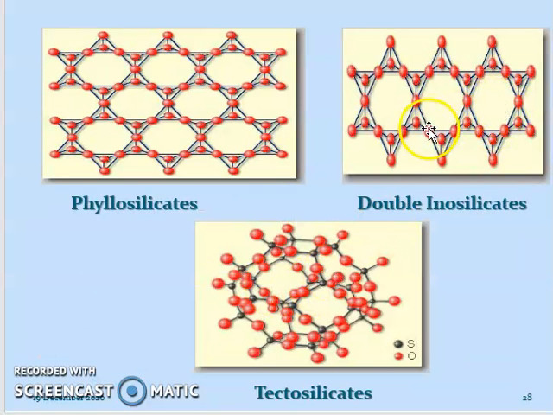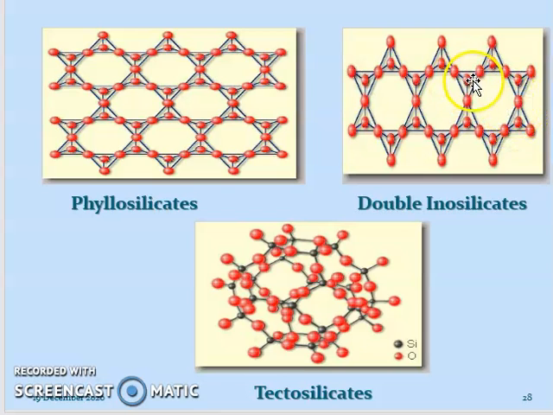For this type, you will find a double chain, double inosilicate. Here is a single. If you look at the above silicate, you will observe that you get a single chain, but there is another chain joined on this oxygen.